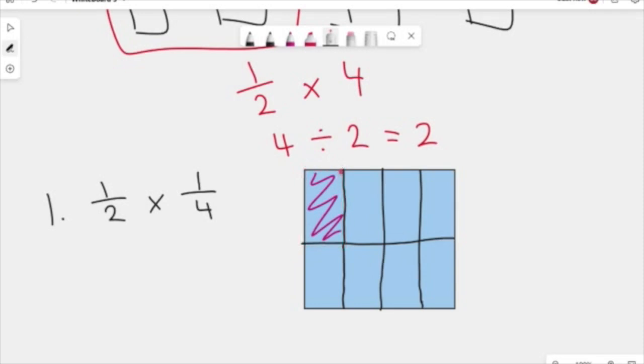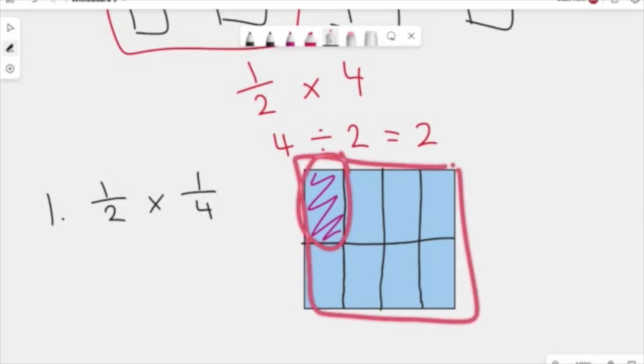This fraction is the product of a half and a quarter, or half lots of a quarter. Not 4, from what I said before, sorry. So we can say this is 1 bit out of a total of 8.